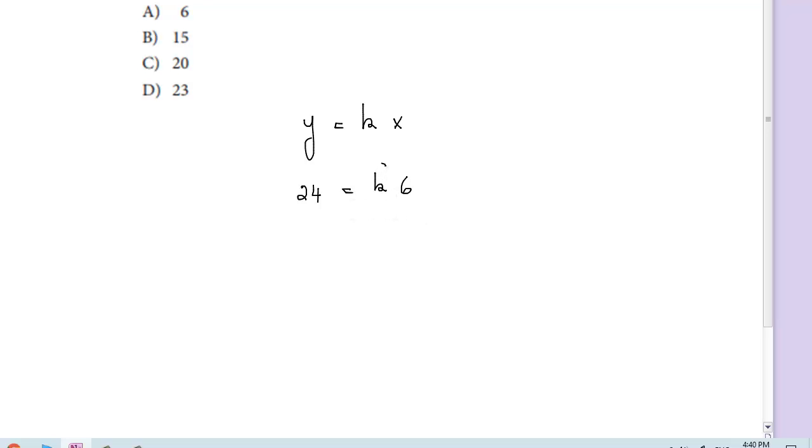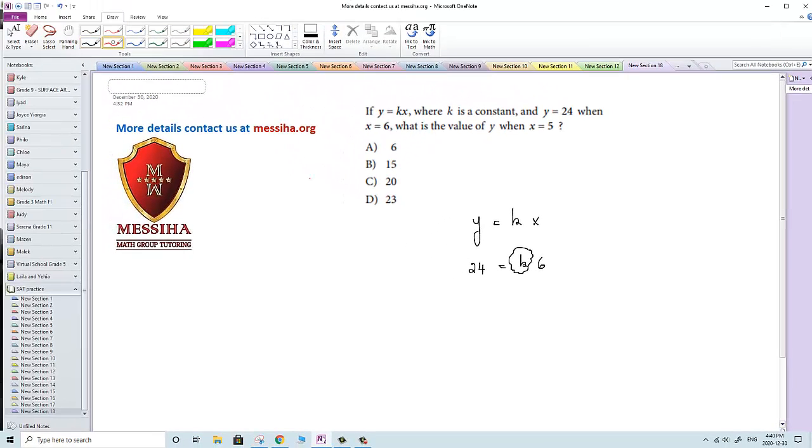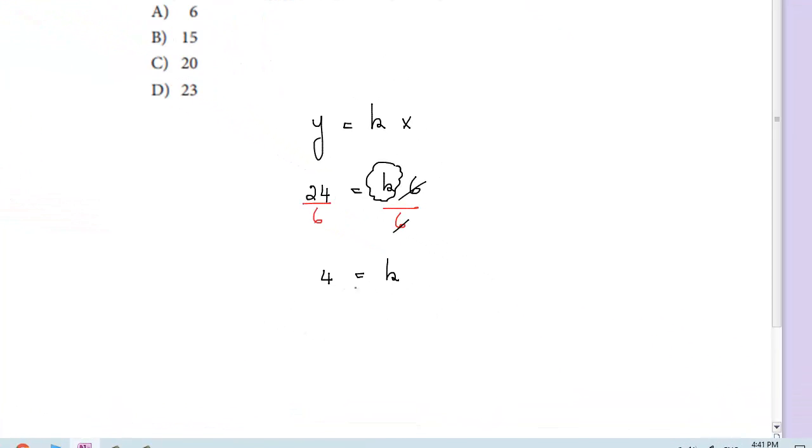This will help me find the value of k. To isolate k, I need to divide both sides by 6. So 6 cancels 6, so I will have k, and 24 divided by 6 equals 4. So now I have the constant k, which is 4.